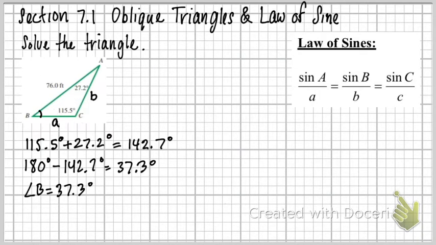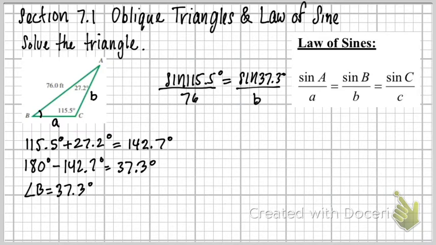So the sine of 115.5 degrees over 76 equals, now I'm going to find out that side B first, so I'm going to use this one here. So I'm going to need the sine of 37.3 degrees over B, because I don't know the B, the bottom there, which is the side.